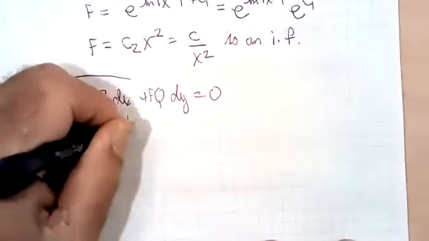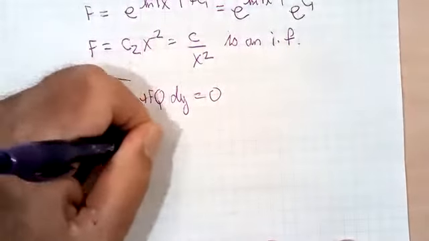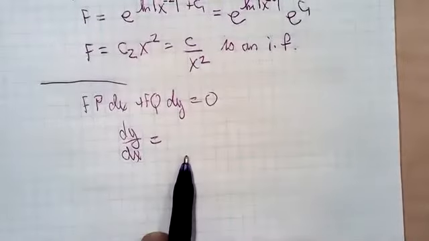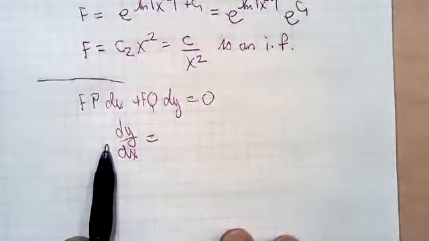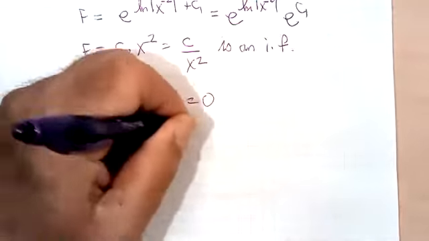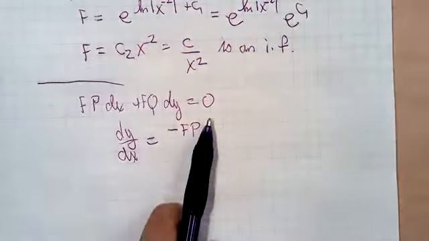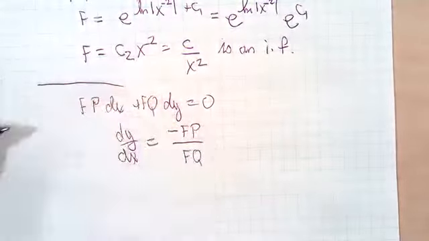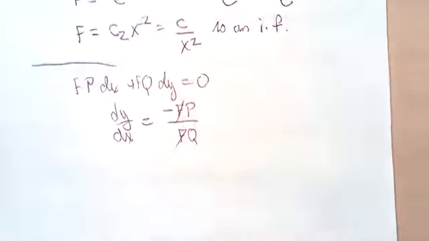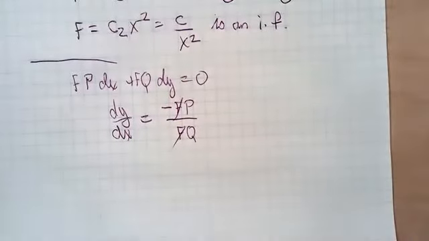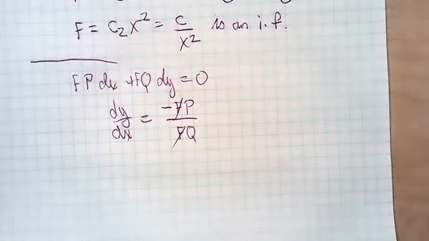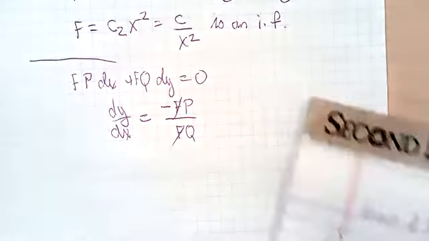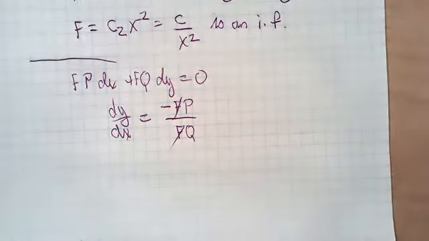If you solve this for dy dx, in this form, the f would cancel out because you put this on the other side, minus fp dx, divide through by the dx, and then divide through by the fq, and sure enough, the f's go away. So in the derivative, they do cancel out.